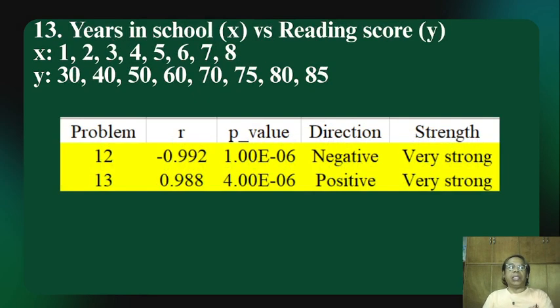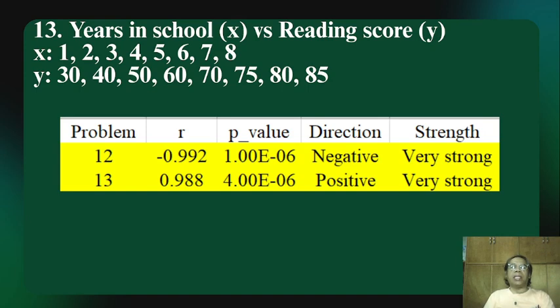Number 13, years in school X versus reading score Y. The values of X are 1, 2, 3, 4, 5, 6, 7, 8. The values of Y are 30, 40, 50, 60, 70, 75, 80, 85.